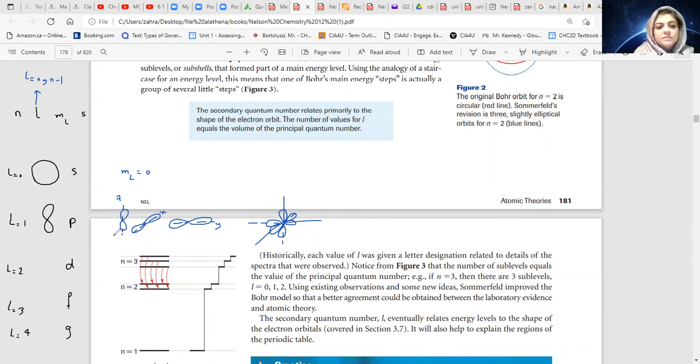That's why this middle one is going to be 0, this one m is -1, and this one m is 1. We have three of them. If you want a general rule, m_l is from -l to l.